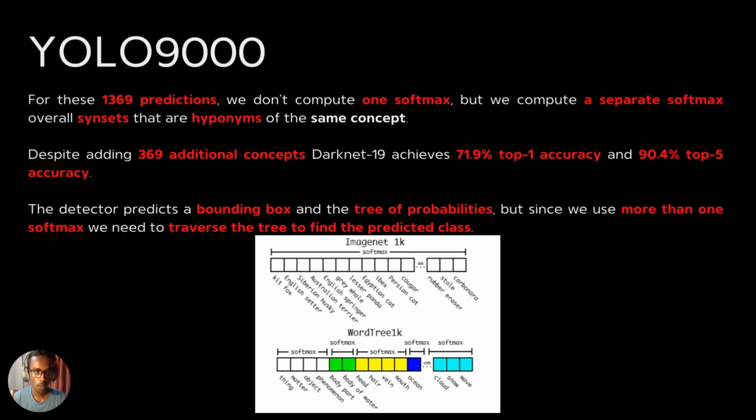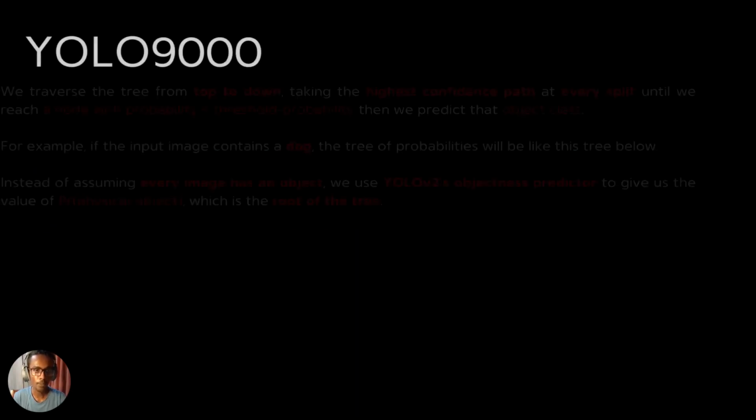But since we use more than one softmax, we need to traverse the tree to find the predicted class. Because now we're not just using one label or one prediction, now we're using a tree. So we need to find which class is being predicted by traversing through the tree and selecting the probability value.